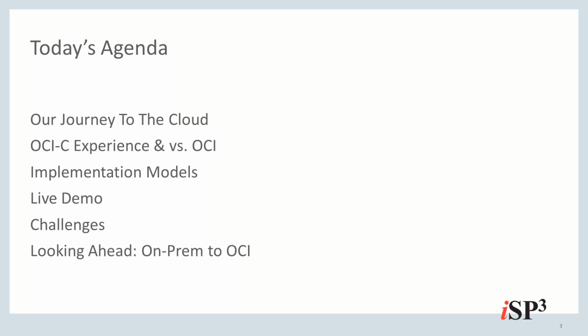We'll take a look at a few implementation models, and I can show you our current production live environment, how it's been configured, and some of the challenges we went through while migrating from on-prem to the first generation cloud, and from first generation to the second generation cloud, and looking ahead. If someone goes from on-prem to OCI today, what are the challenges they have to face before they get to OCI?